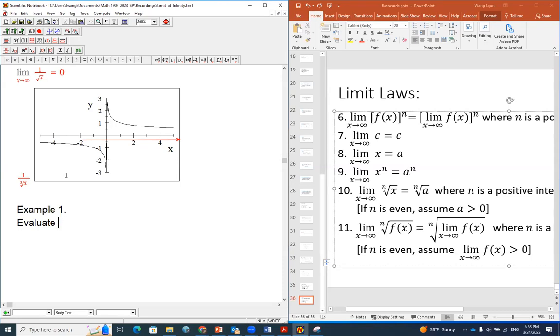Example number 1, we're going to evaluate this limit: the limit as x approaches positive infinity of 3x squared minus x minus 2, over 5x squared plus 4x plus 1.